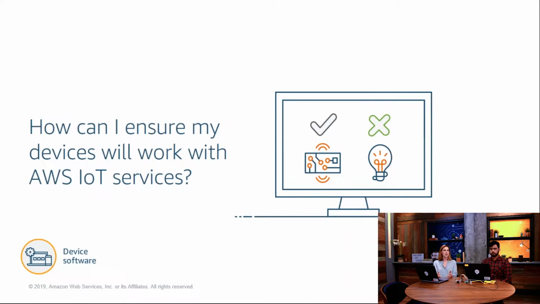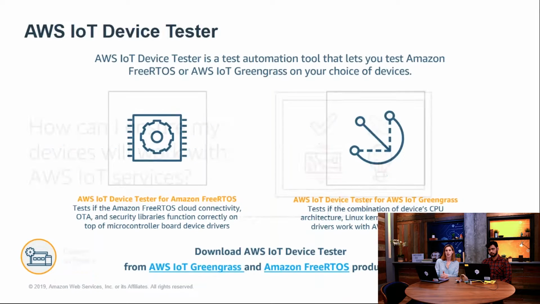Now, you're probably pretty excited about Greengrass because I listed a bunch of awesome features, and you might be interested to learn more about what kind of hardware devices you can use to deploy this software to. We have a new tool that we launched at re:Invent this year called AWS IoT Device Tester, and it's a test automation tool.